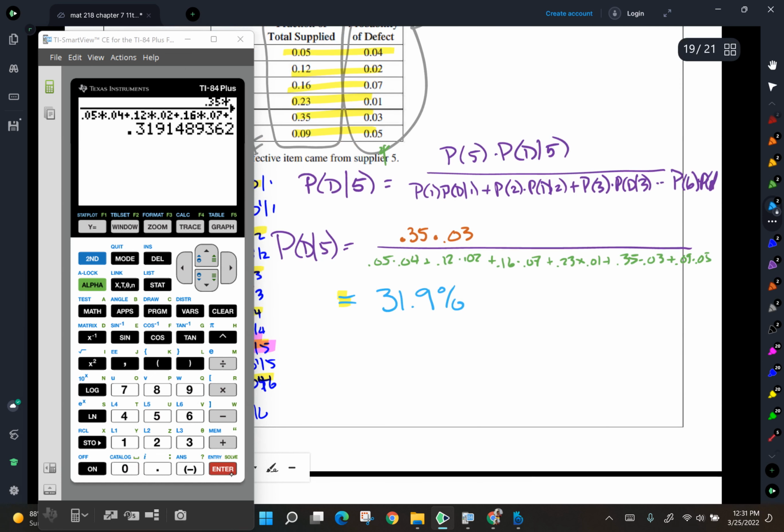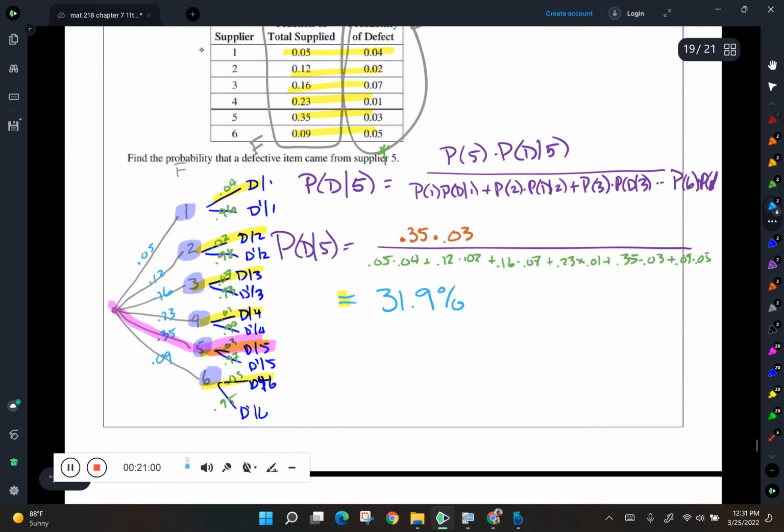So the probability that an item that we know to be defective came from supplier 5. So the probability of defective, given that it came from supplier 5, I have that written backwards. This should be 5 given defective.